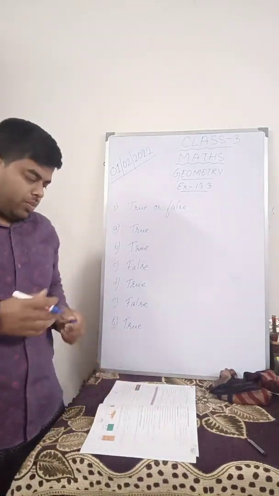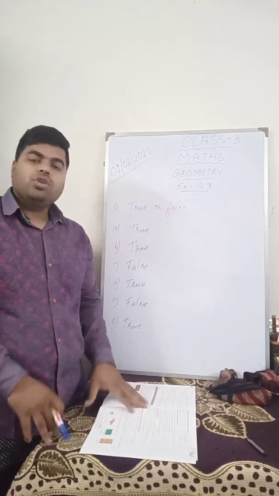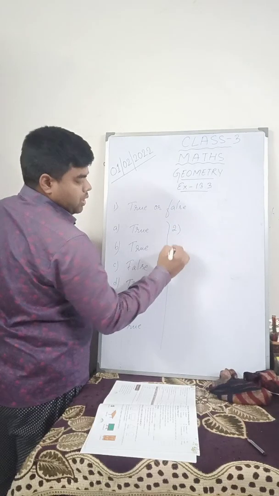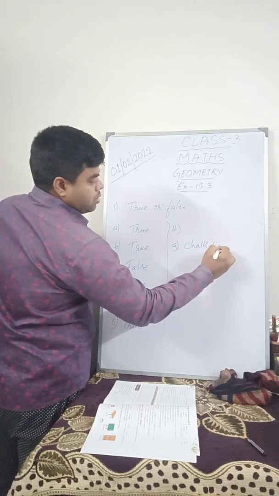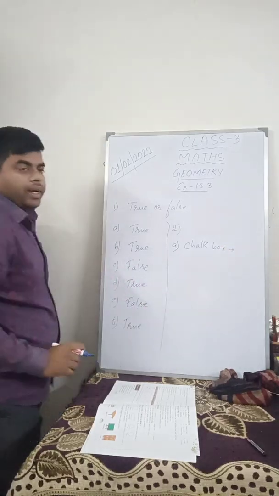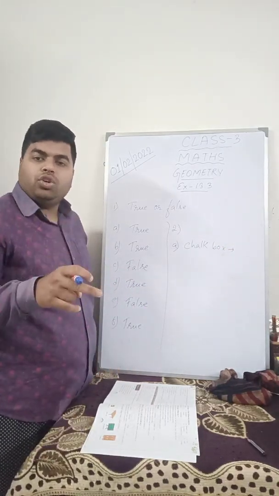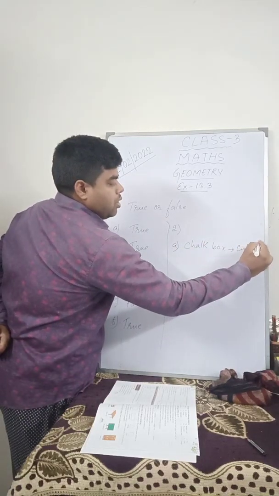Now, question number 2. They have said identify the shape of the following objects. So you will write here, number 2A, chalk box, and then you will write the shape. If you have seen a chalk box, it can either be cube or cuboid in shape. So let us write cube or cuboid.